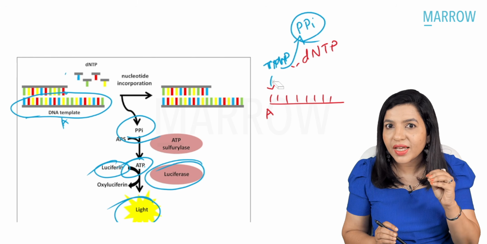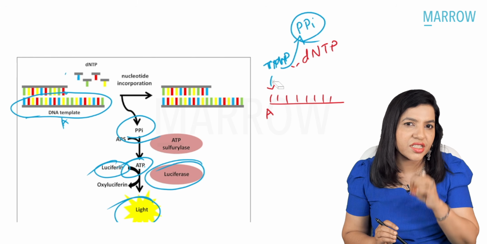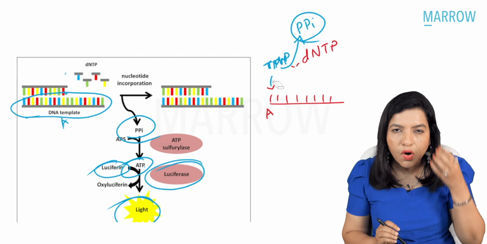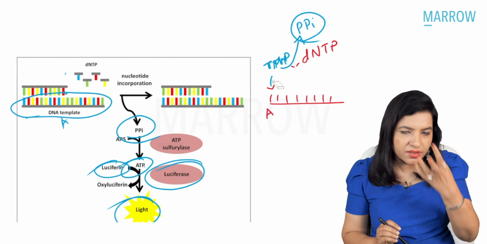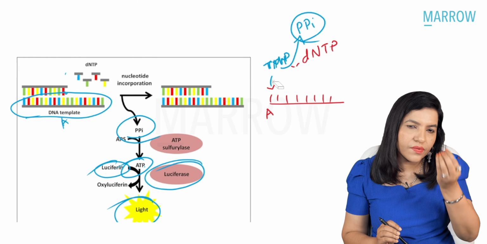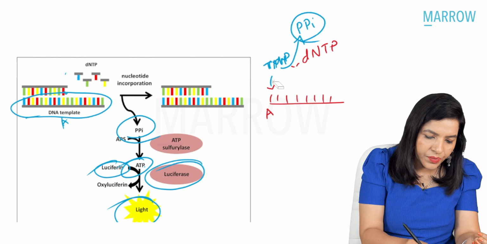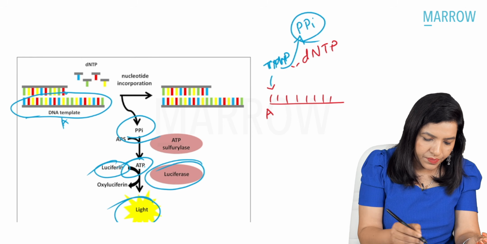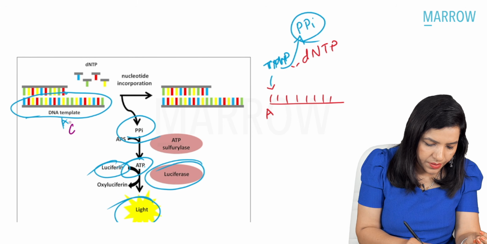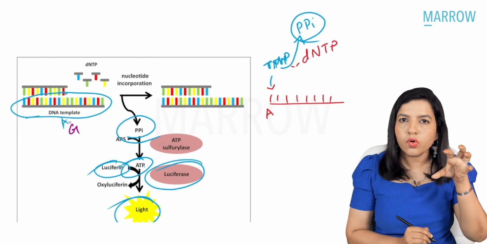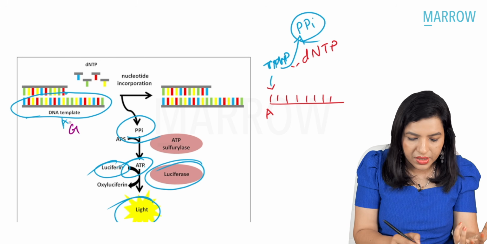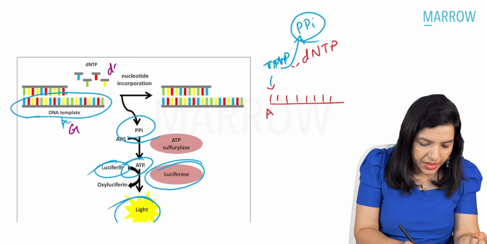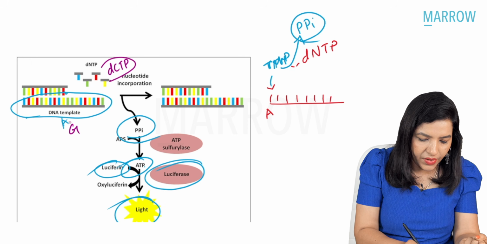So what will happen if there is an alteration in the DNA? When we add the next nucleotide triphosphate, suppose what we are expecting here is a G. G always pairs with C, so what we add is dCTP. Fine.